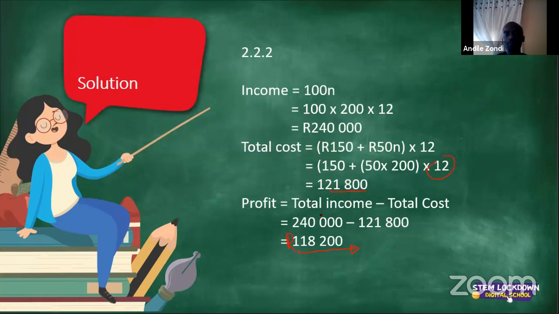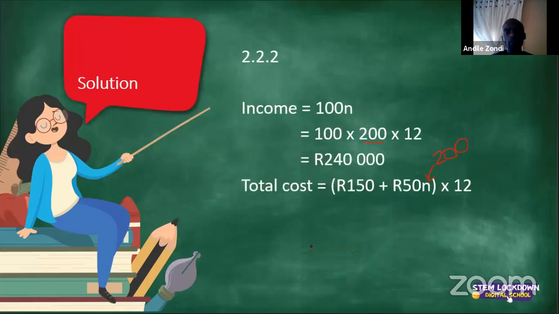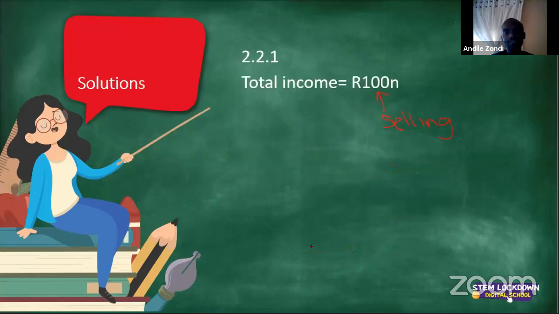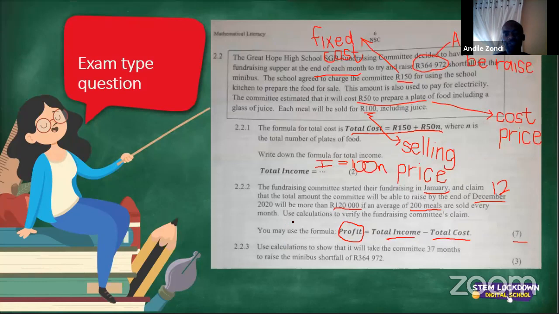So profit should be 240,000 minus 121,800, which is equal to 118,200. Now go back to check: did you give them what they required? They say use calculation to verify the claim.